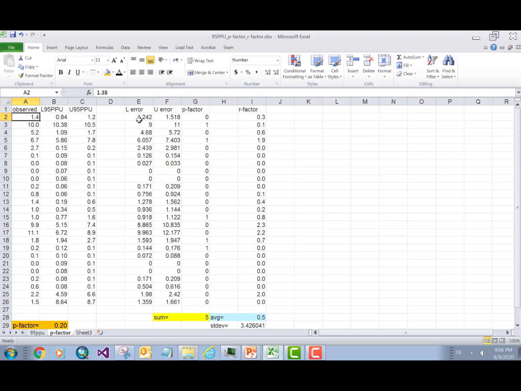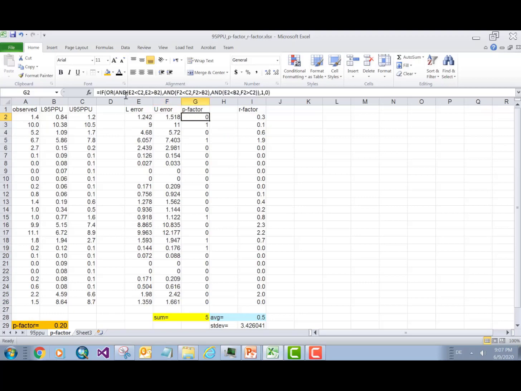What that means is that my measured data is not 1.4, but a number between 1.4 minus 10% and 1.4 plus 10%. So this would be the range of error of my measurement. And that's the range of error of my simulation.